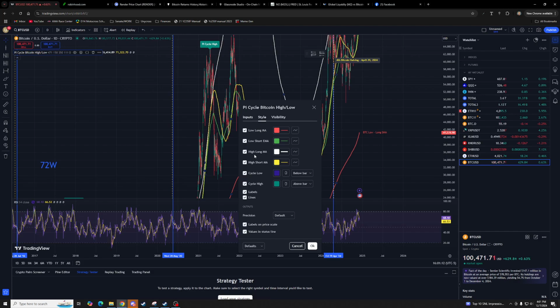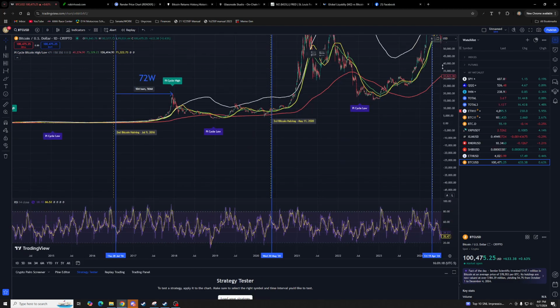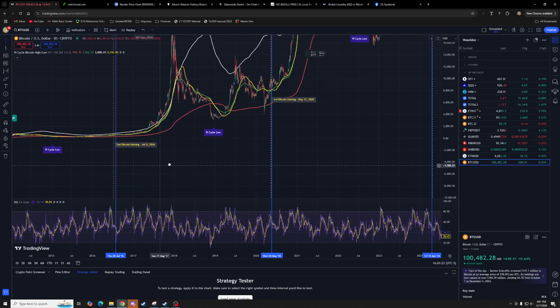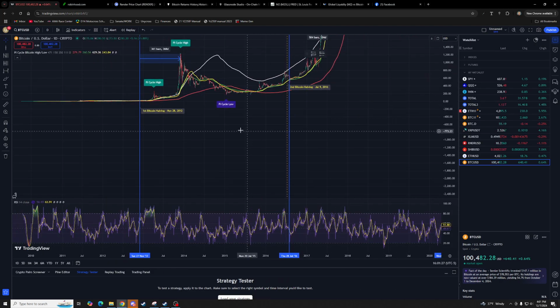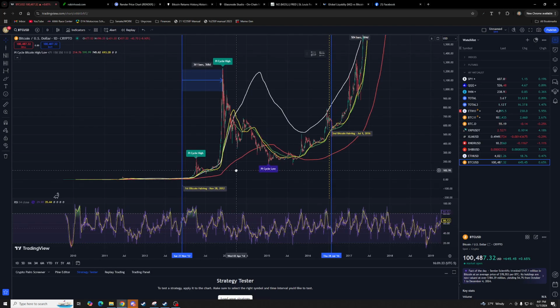So the white is the high long moving average and the yellow is the high short moving average. Okay. When those intersect, that is the peak of the cycle in every single occurrence. It has never, ever been wrong. It's pretty nuts.